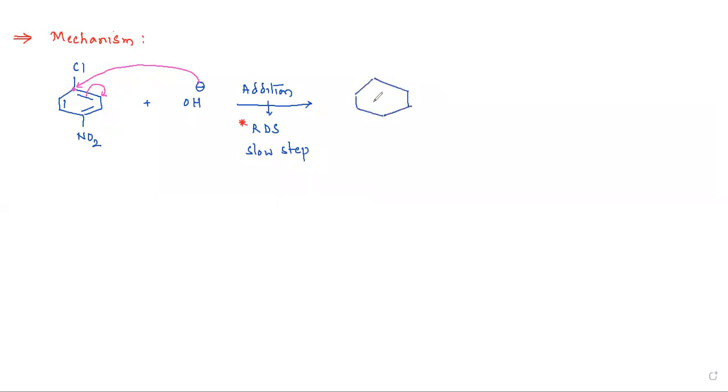We get different resonance structures, but the overall thing can be given as this, a carbanion, because anyway we get a negative charge here and this just goes on delocalizing, right?